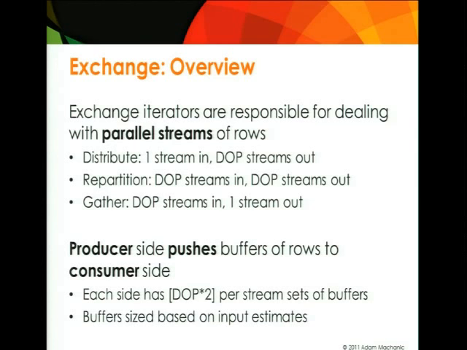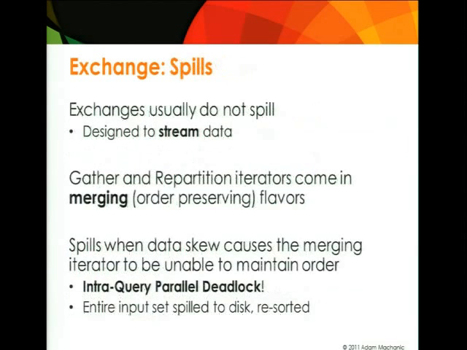For repartition, since there are DOP on each side, you'll have DOP squared sets of buffers. So those things can get pretty large and use up a lot of memory. Now, they don't spill too often, not too often at all. It's actually considered to be somewhat of a bug, or at least an edge case, when they do spill. But occasionally they do. And here's how it works. The gather and repartition iterators can be merging or order preserving.